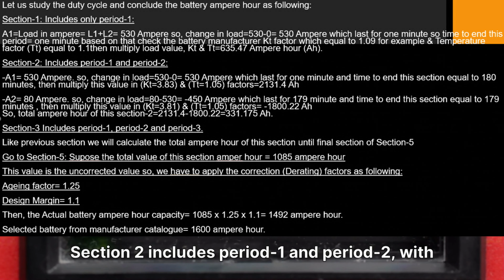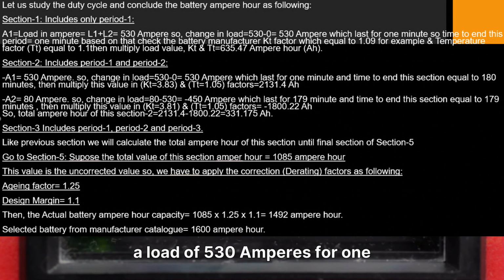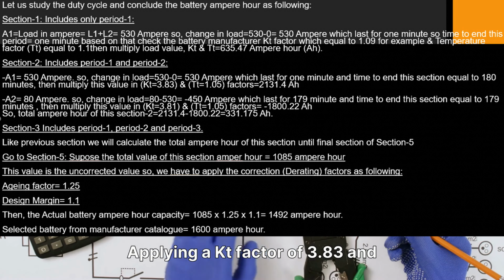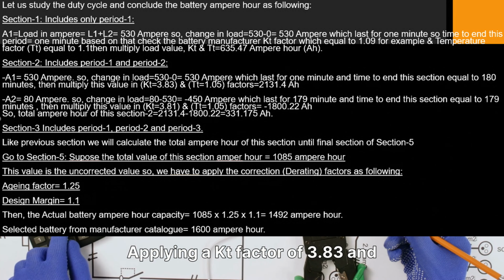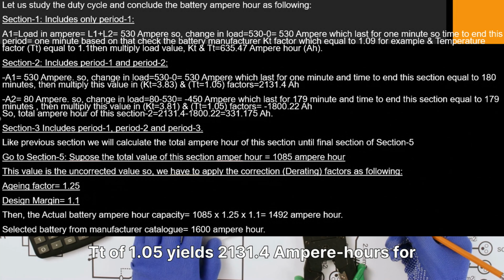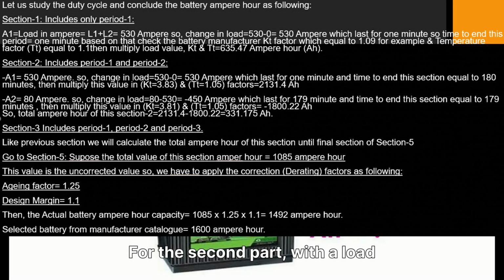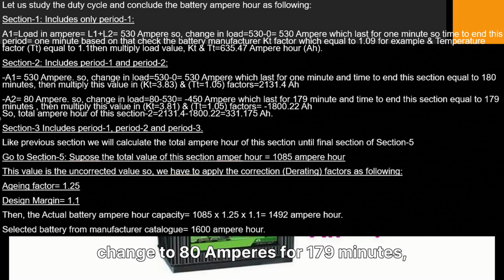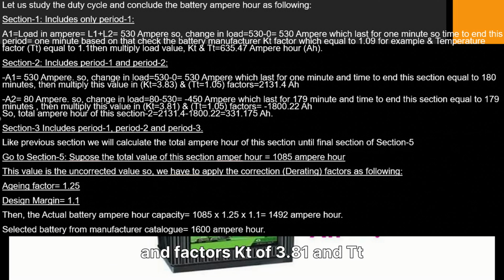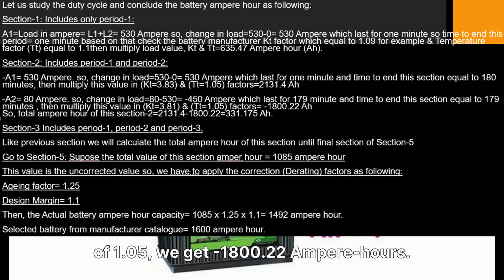Section 2 includes period 1 and period 2, with a load of 530 amperes for 1 minute, lasting 180 minutes. Applying a KT factor of 3.83 and TT of 1.05 yields 2,131.4 ampere-hours for the first part of this section. For the second part, with a load change to 80 amperes for 179 minutes, and factors KT of 3.81 and TT of 1.05, we get minus 1,800.22 ampere-hours.